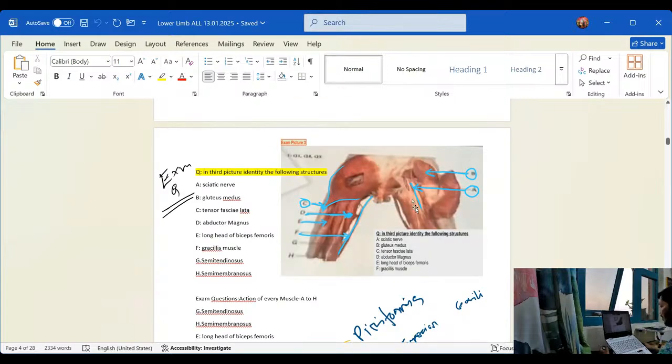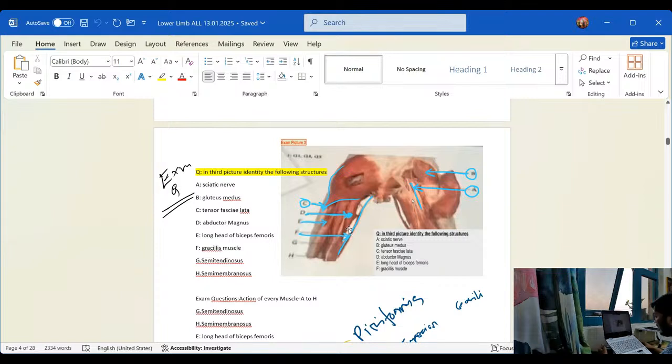A is sciatic nerve. B gluteus medius. Tensor fascia lata. D adductor magnus. E long head of the biceps femoris.